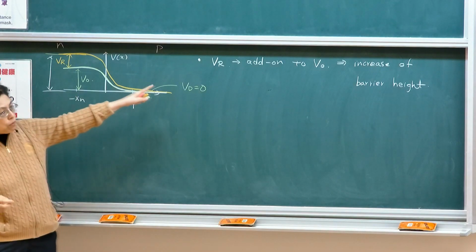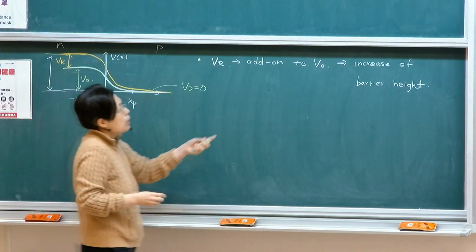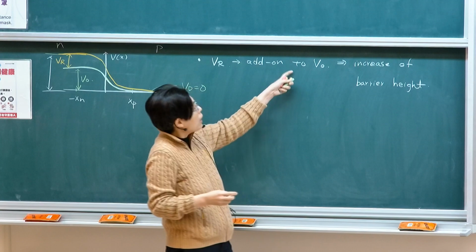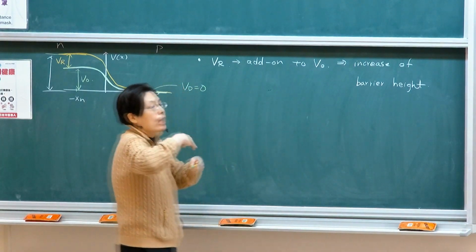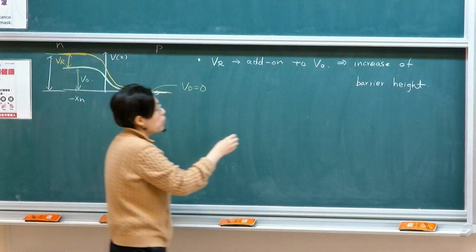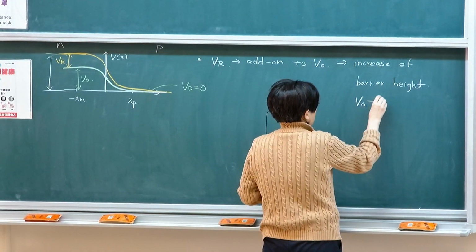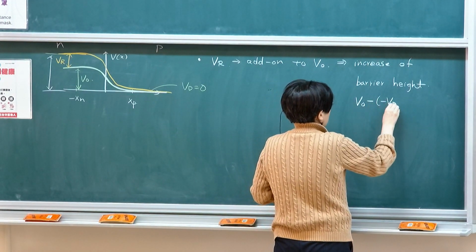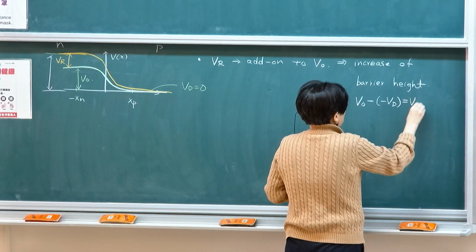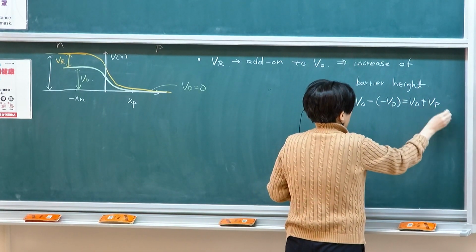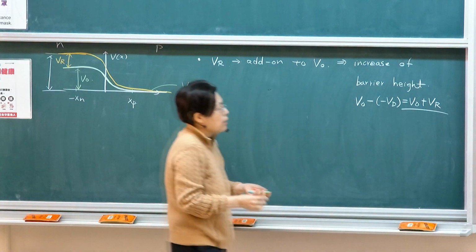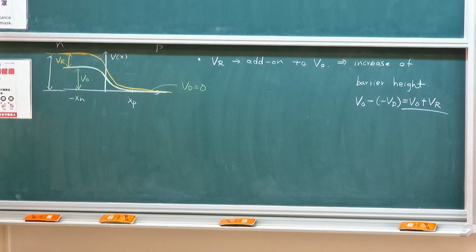Your original barrier height is V0. Because I'm adding, stacking up the barrier, your total barrier height will become V0 minus VD, and it's V0 plus VR if I'm dealing with a positive reverse biasing voltage.